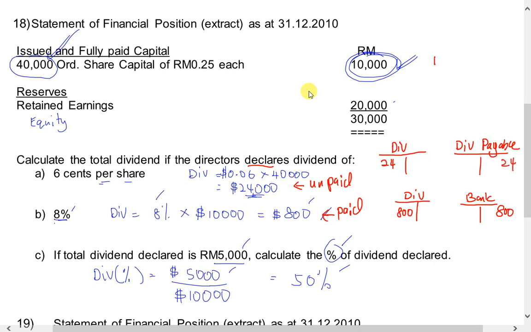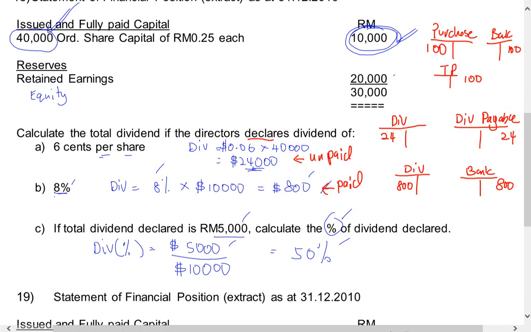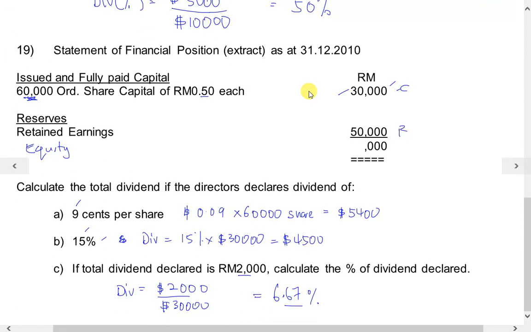Quite similar to purchase. With purchase, we debit purchase, say 100. If it's paid, credit bank. If it's not paid, we credit trade payable. Similar. Number 19: say this is paid and say this is unpaid.